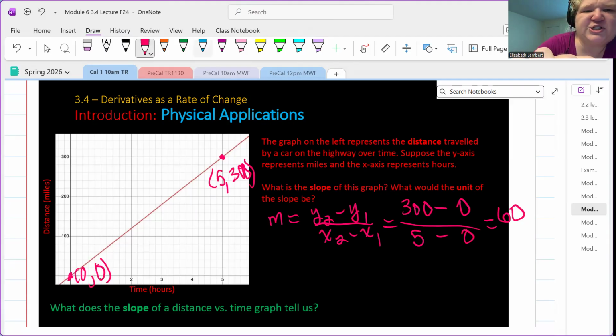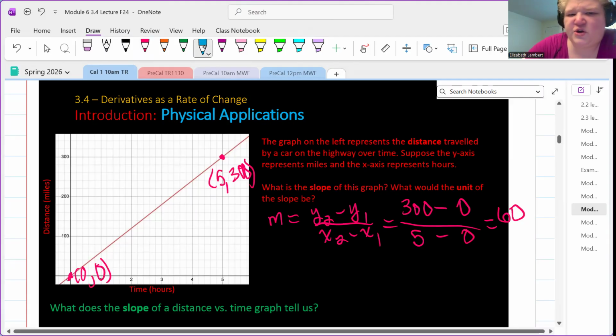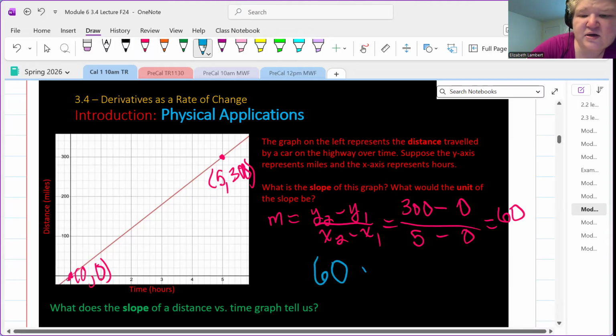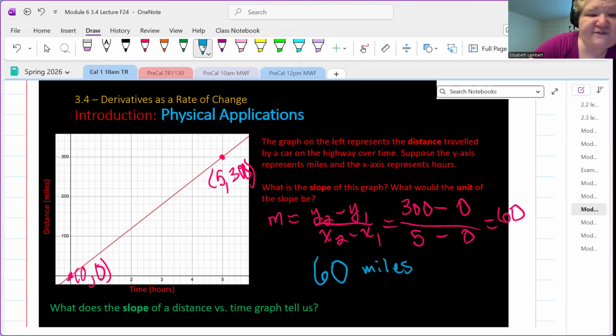Now the follow-up question is, what are the units here? So when I look at my 300, 300 is a y number, y is distance in miles. So this is not just 60, but this is 60 miles divided by 5, which is an x number, time in hours. So this is miles per hour.